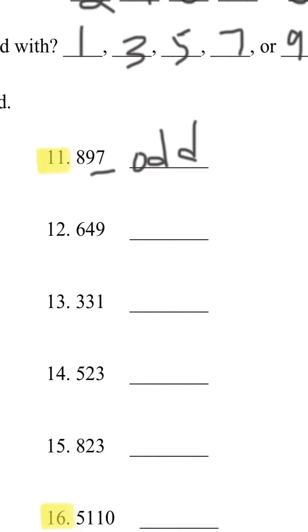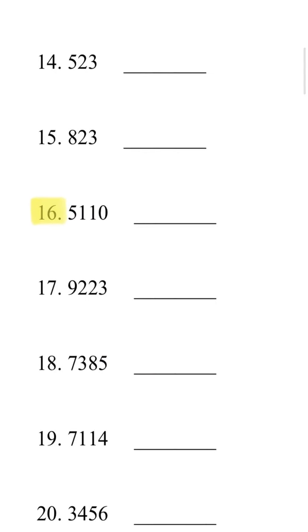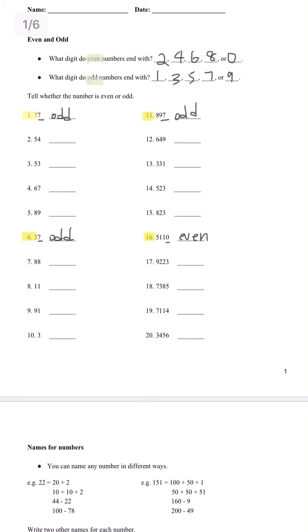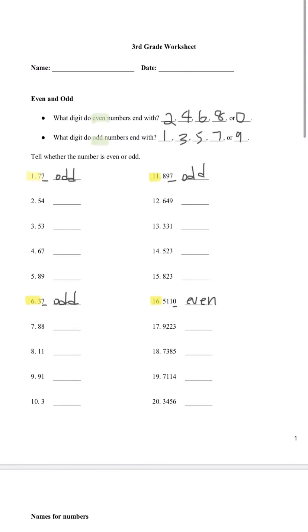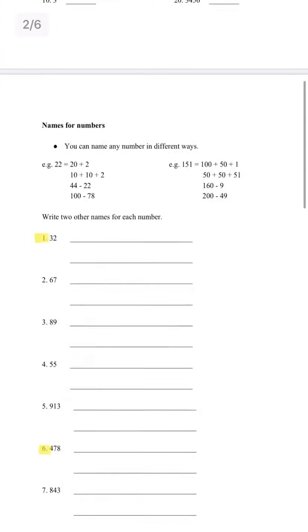Again odd number. And then last but not least, number 16, 5,110. Okay, so this time it ends in 0, meaning it is an even number. Okay, so here, go ahead and pause the video and work on the rest of the questions. And then we'll move on to naming numbers.